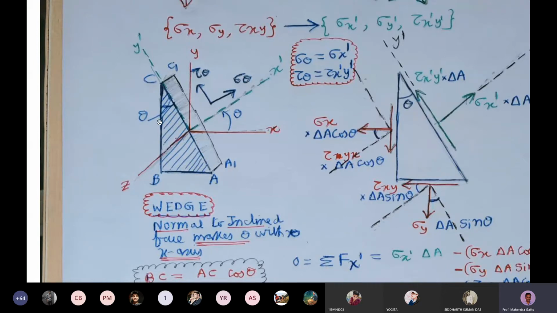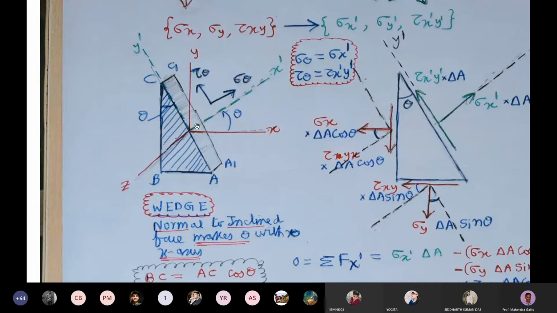Okay, so this is how we orient the wedge. That means the horizontal surface is parallel to the xz plane and the vertical surface is parallel to the yz plane. And we have one inclined surface. This angle is such that the normal to this inclined surface makes an angle theta with the horizontal x-axis.